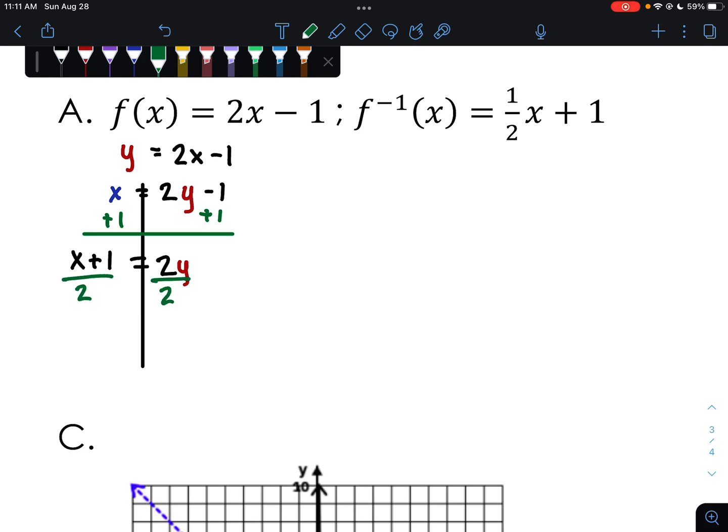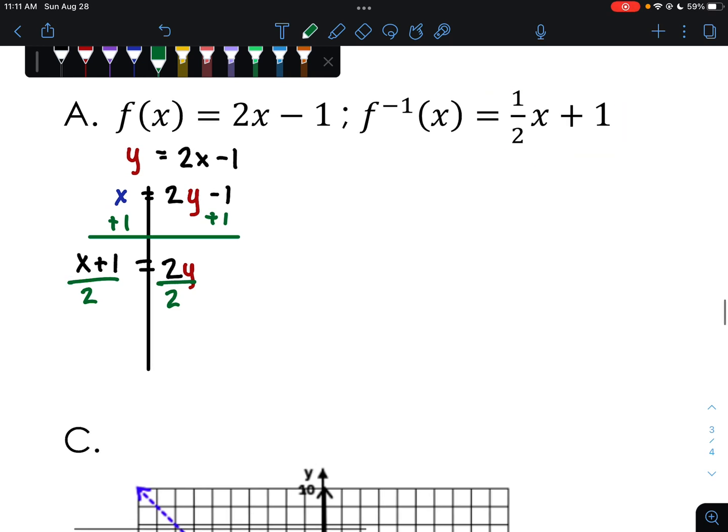Okay, so if I want it to look like this notation right here, I would have to understand that when I divide, I'm going to divide each individual term this time by 2 rather than one big fraction like I originally had it. So that would give me 1/2 x plus 1/2, and that would tell me that that is my inverse right there.